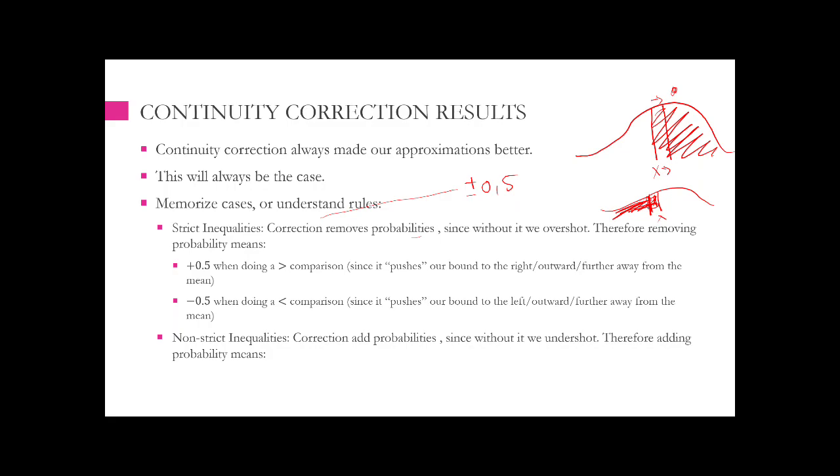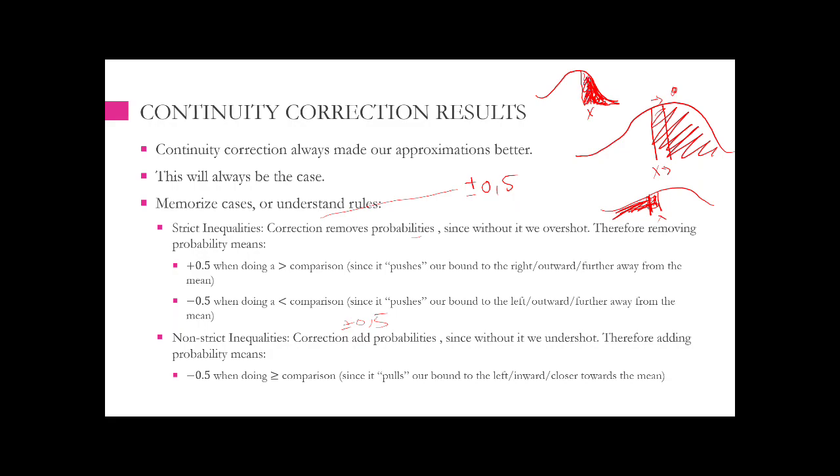And then for non-strict inequalities, our correction, our plus or minus 0.5, we need to add probability because without it we undershot. So if we have this case over here where x is here and this is the greater than or equal to, because we need to add probability, if we move our bound to the right-hand side, we're going to subtract probability, so we need to move it to the left.